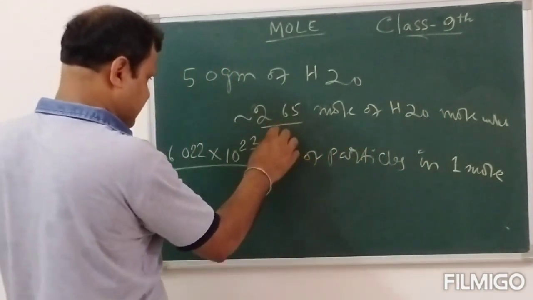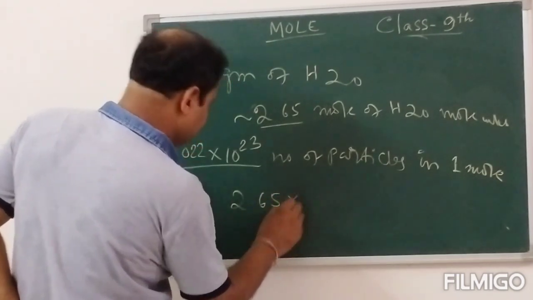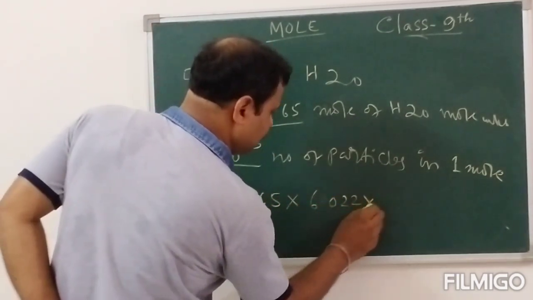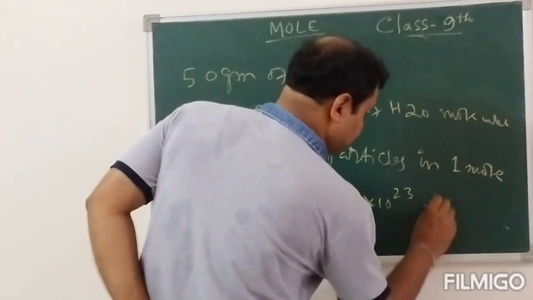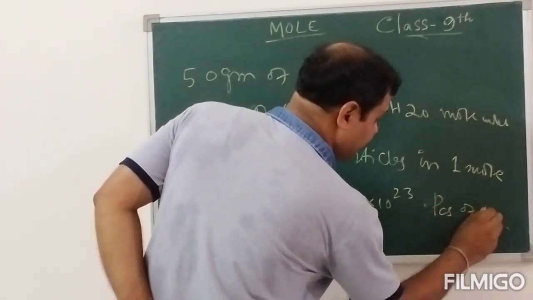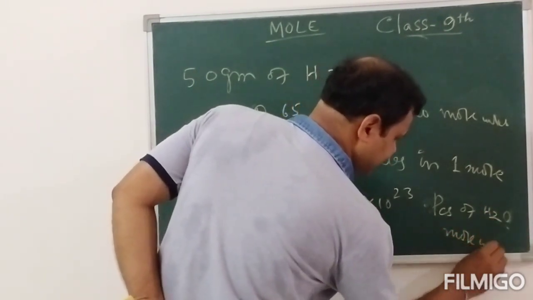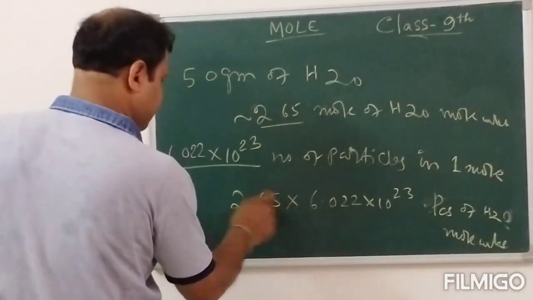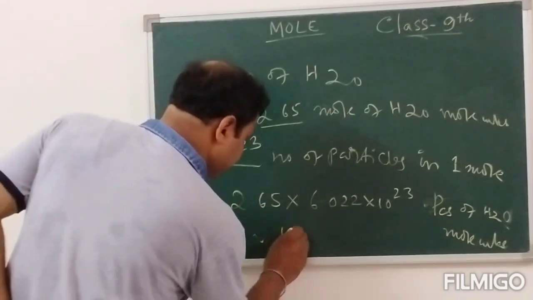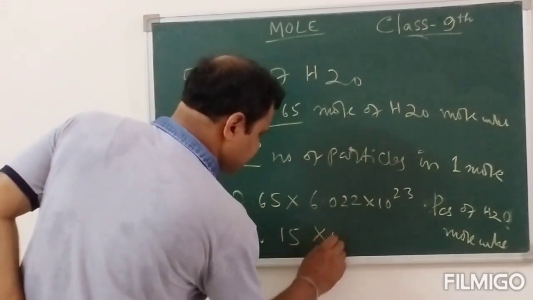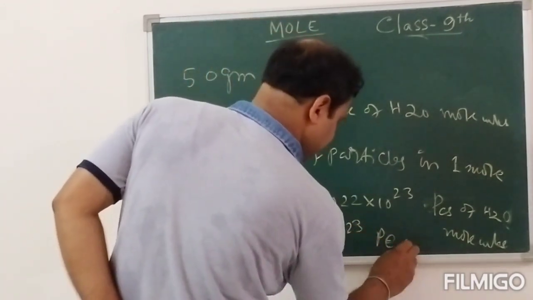So we can say 2.65 into 6.022 into 10 raised to 23 pieces of H2O molecule. You just multiply this. It is coming around 15 into 10 raised to 23, with some final correction, this much of pieces.